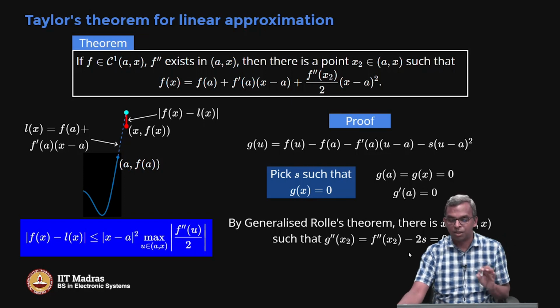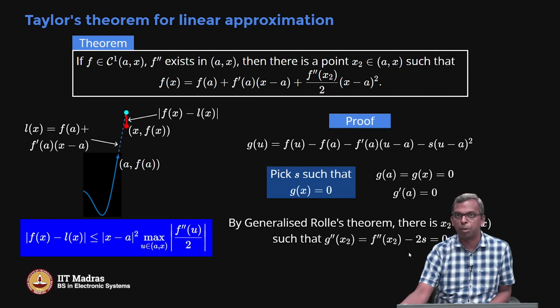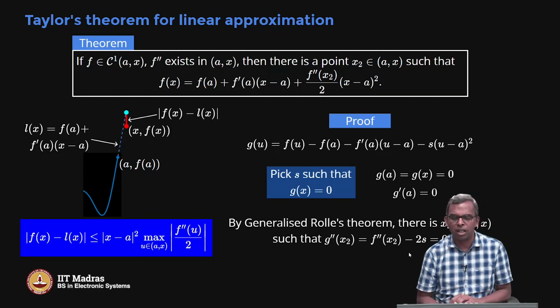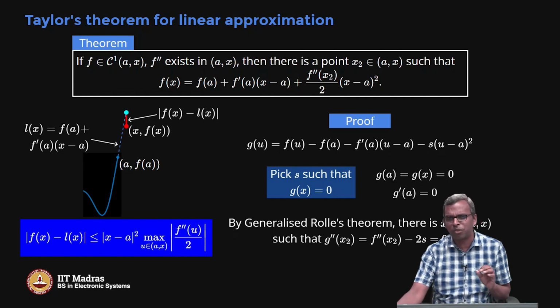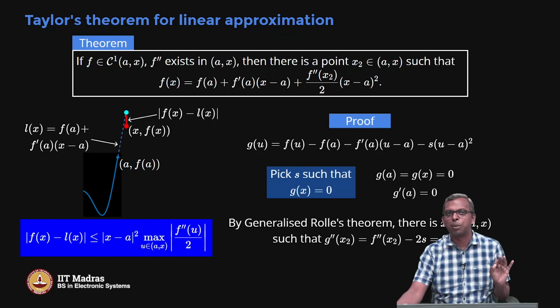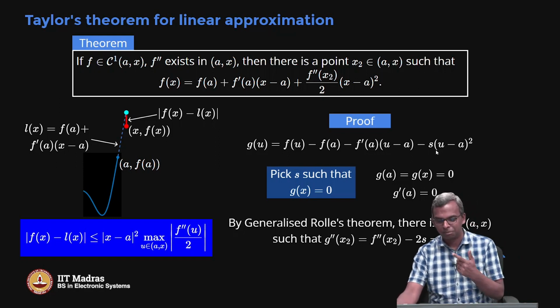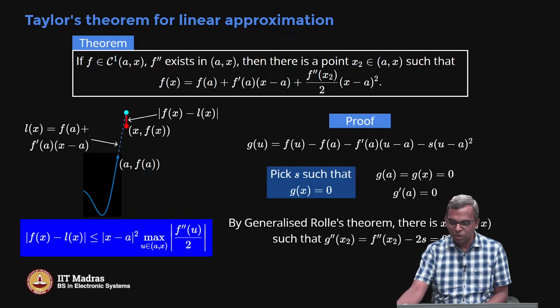Okay. So, this is the proof of the error in linear approximation, Taylor's theorem for degree one. Hope you see this. This is actually very similar to the way in which we did the mean value theorem proof from Rolle's theorem. We have just modified it. We have gone to the next degree, and then we have used this additional choice for s very carefully.